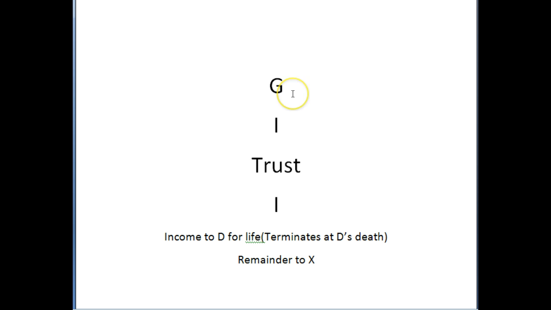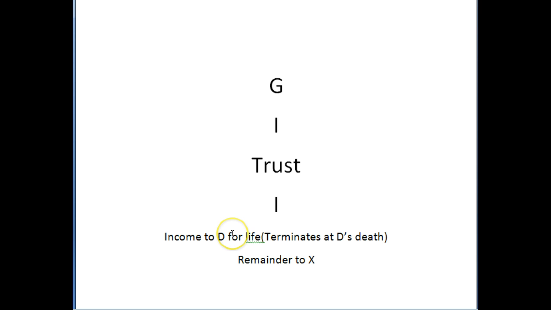So we have G, who's the grantor, and he puts the property into a trust. D has income for life, and the remainder goes to X. Obviously, D is the decedent.